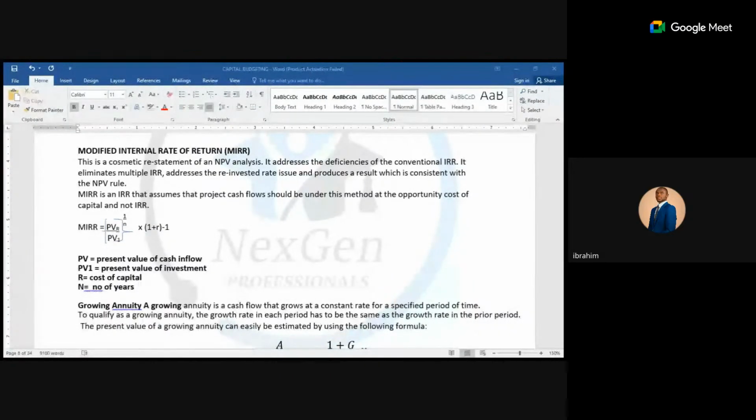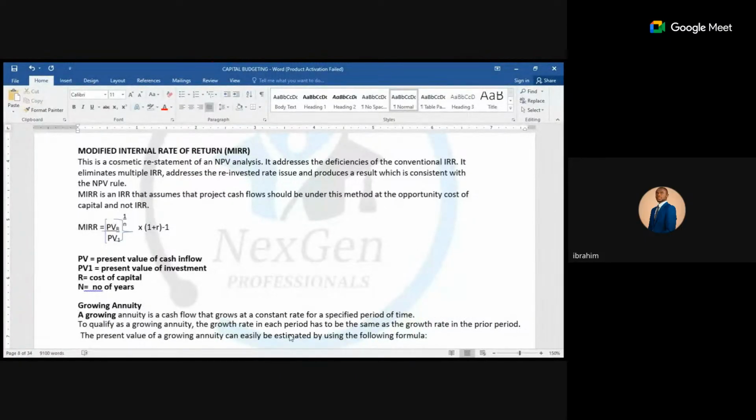Now, there's what we call growth annuity. Let's say, for instance, you are to do a capital investment project that is for 20 years, or for 10 years.